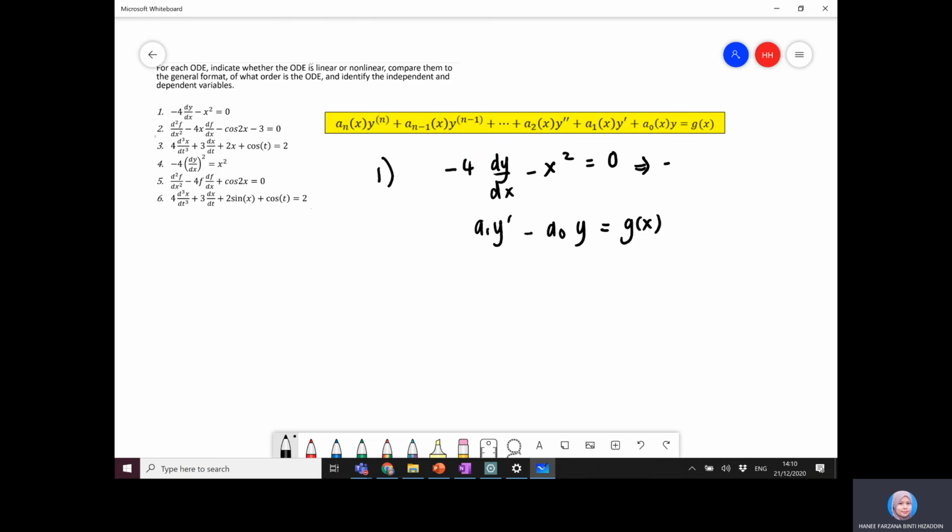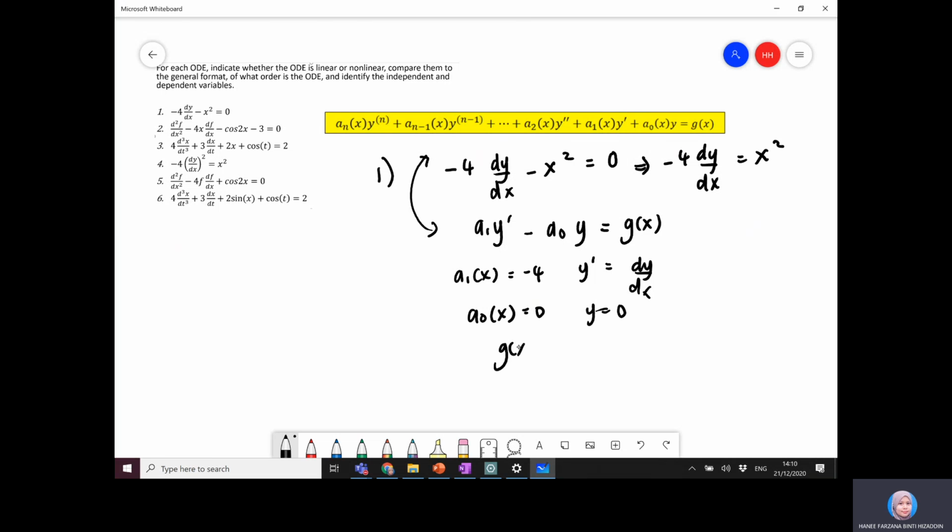So you can write this down as dy dx equals to x squared. Comparing it with the standard form, you can identify that a1 x is -4 and y prime is dy dx. A naught x is 0 and y is also 0 and g of x is x squared. So you can identify all of the terms in the standard linear form. Thus the first one here is linear.